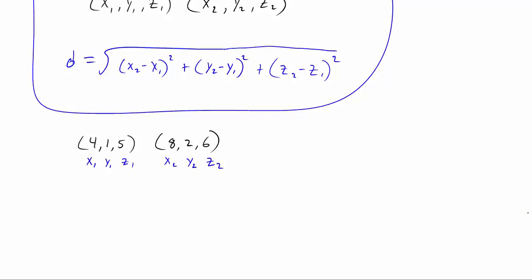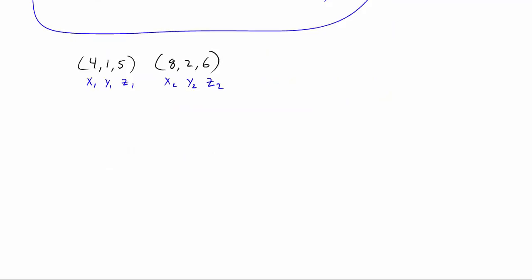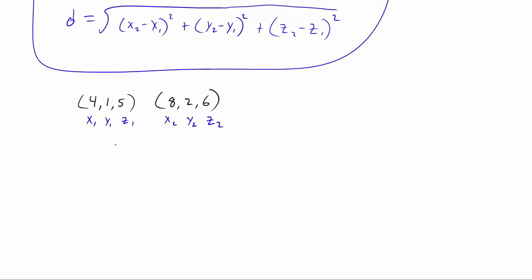It doesn't matter which one we call x1, y1, z1, or x2, y2, z2. We could switch it around. We just have to be consistent when we plug into the formula. So the distance would be equal to the square root of x2 minus x1, so that would be 8 minus 4 squared, plus y2 minus y1, so that's 2 minus 1 squared. And then our z would be 6 minus 5.